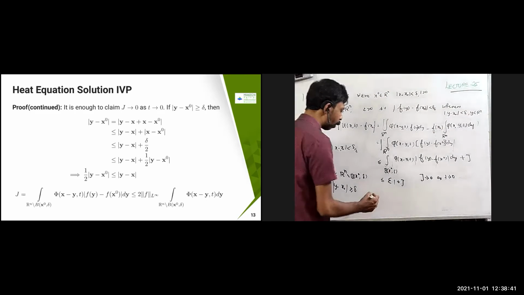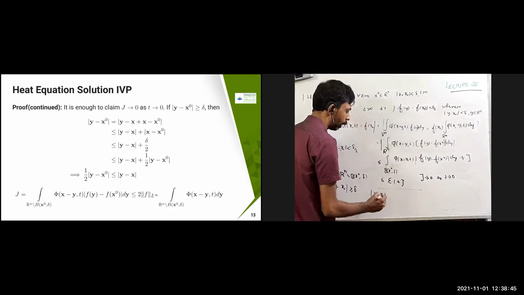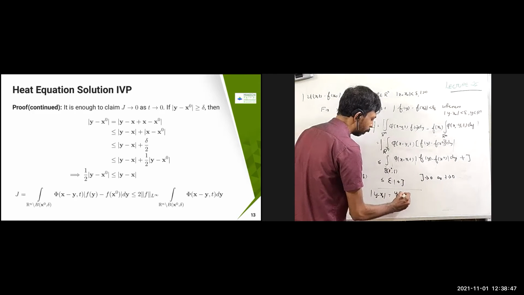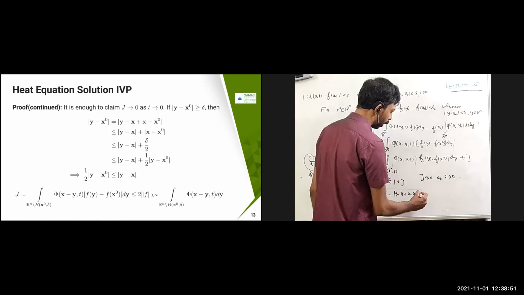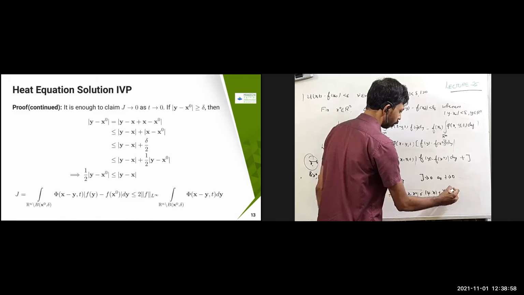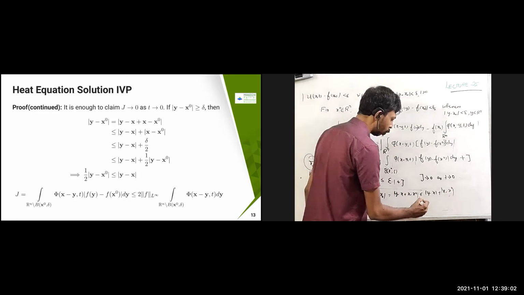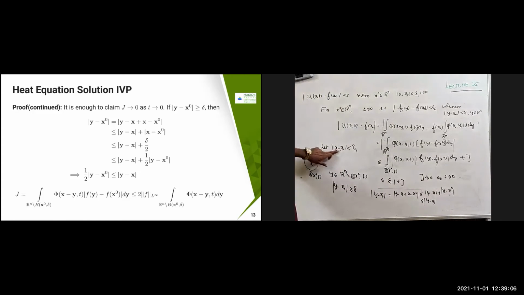Now I'm just going to do some manipulation. |y - x_0| I can write as |y - x + x - x_0|, which is less than or equal to |y - x| + |x - x_0| by the triangle inequality. Since I chose |x - x_0| less than delta by 2, this is less than delta by 2. But delta is less than |y - x_0|. So this is less than or equal to |y - x| plus |y - x_0| by 2.